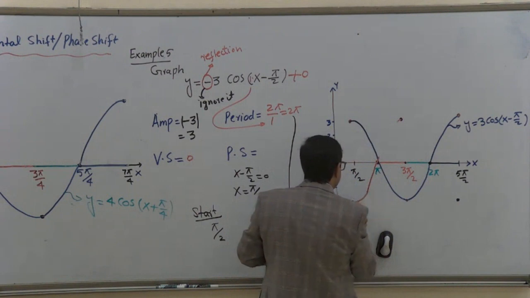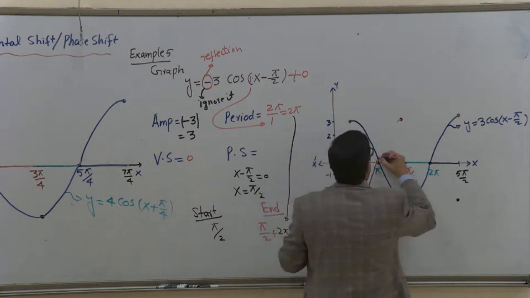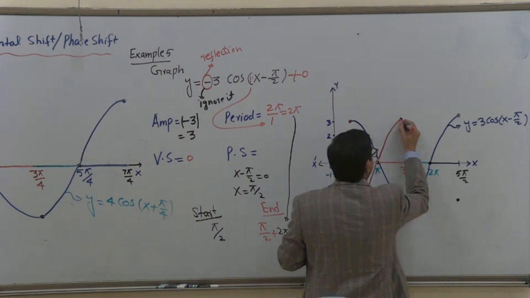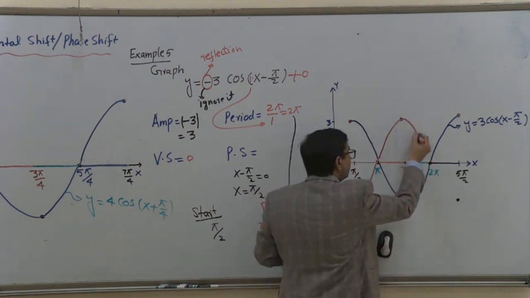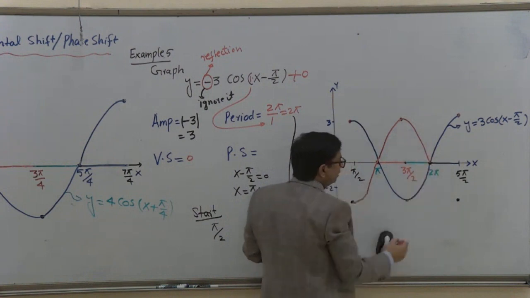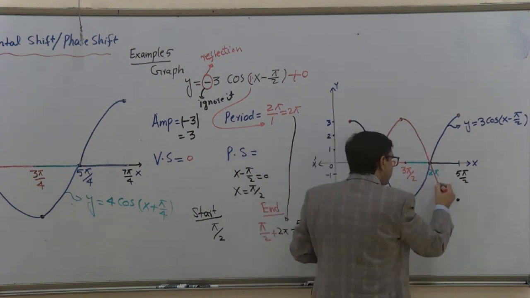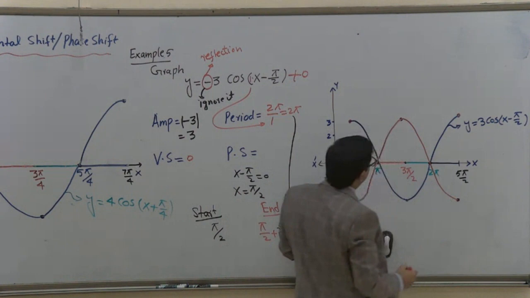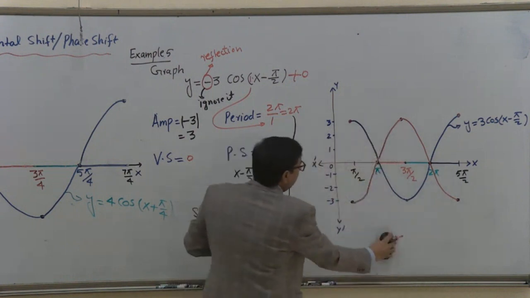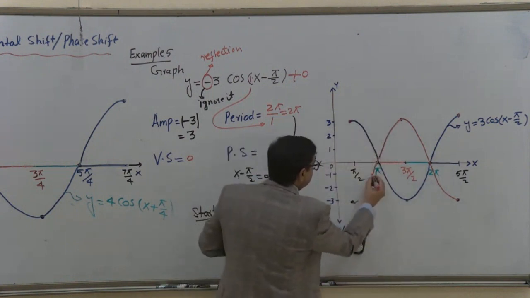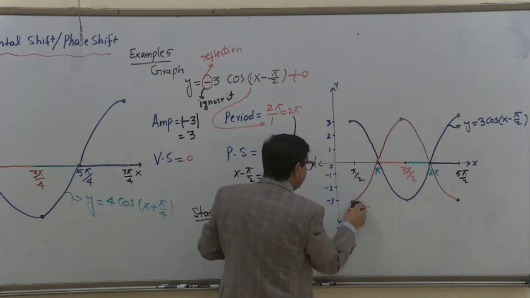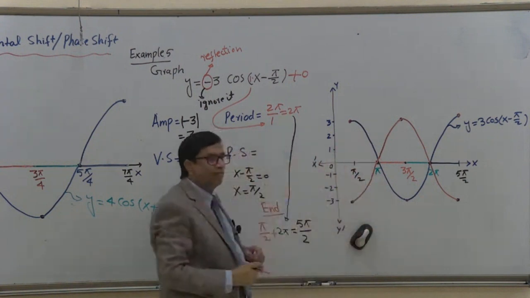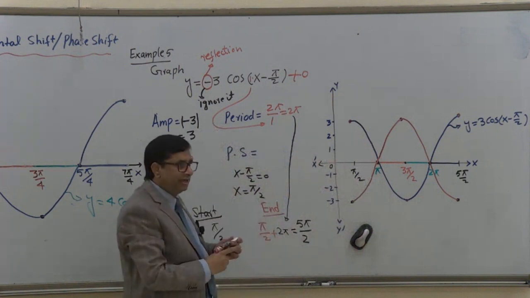We join these points, and this graph is there. Then this point here and this one. You see, this is the graph for the cosine function. Because of the negative, we are taking its mirror image.